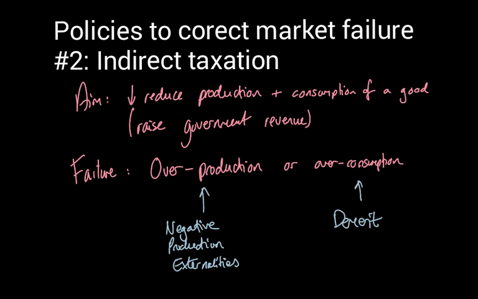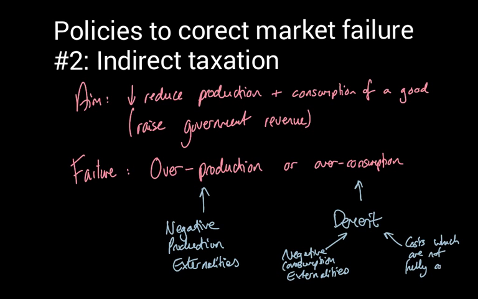Remembering as well that a demerit might mean that it has negative consumption externalities, or costs which are not fully considered. So in the case of alcohol or tobacco, for instance, the damage to your health which is not being fully considered. So let's think about how they would actually work.